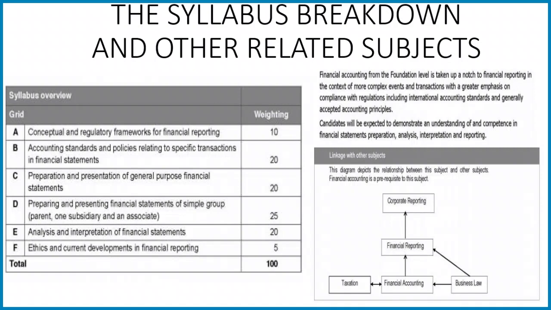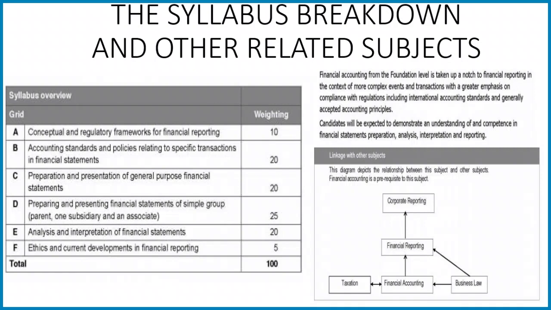So financial reporting is not an isolated subject. It's interlinked with so many others. Like we are coming from the background of financial accounting, now we are majoring on financial reporting. So the knowledge that we add about taxation will be useful. Business law is useful to financial reporting, and when we put it together with financial accounting, we can now be talking about financial reporting.